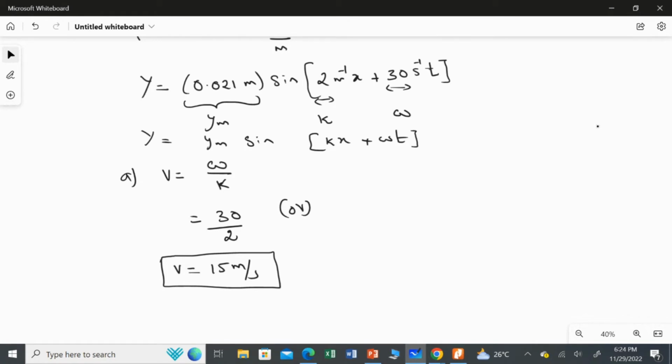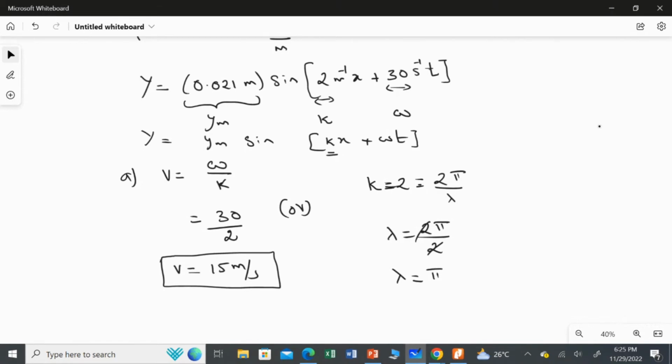So here k is equal to 2, right? This is an alternative method. k = 2, and we know the formula for the angular wave number, which is 2 pi over lambda, right? By that, I am going to find the value of lambda. Therefore, lambda = 2 pi over 2. I can cancel this, so lambda is equal to pi, right?